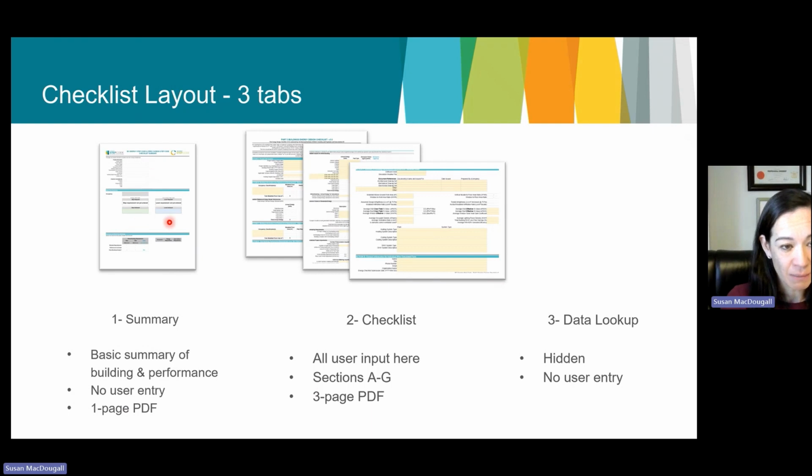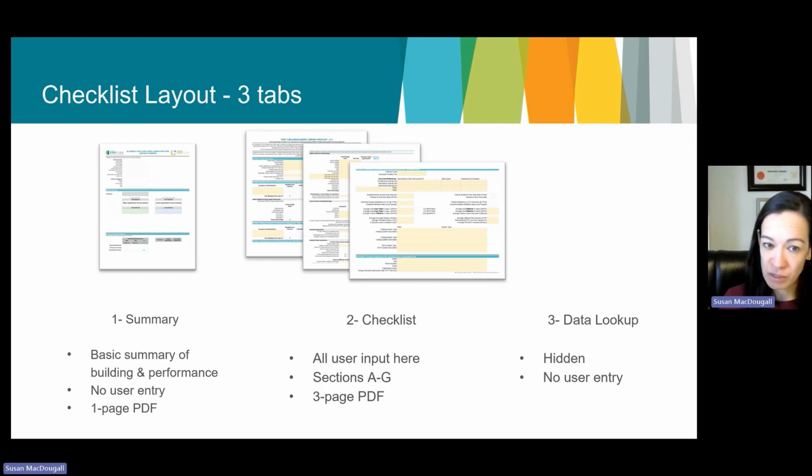If the building has a single step code occupancy, then this section will be filled out and the step code level achieved and the zero carbon step code level achieved will be shown here. And if the project is mixed use with more than one major occupancy classification, then this section will also be completed. Now this tab has no user entry.